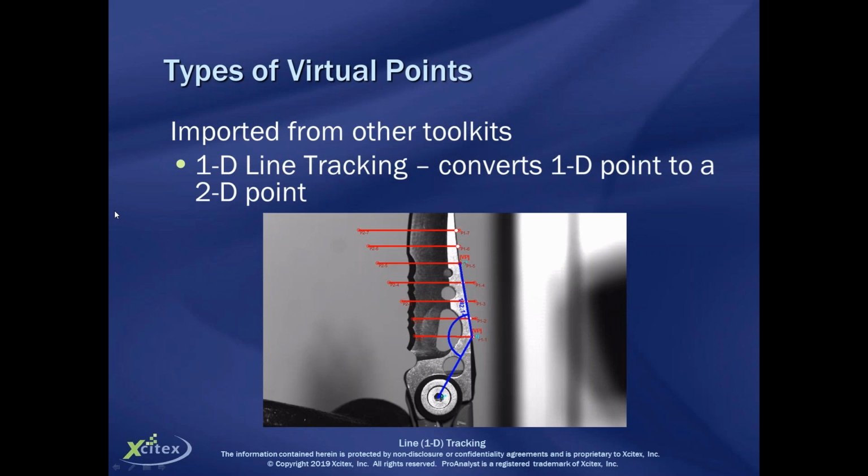So in this example, this is bringing a virtual point in from a 1D line tracking tool. So here we could see we have several 1D points that are tracked. What they do is they track this knife edge blade. Well, we can compare that to this point down here, which is not a virtual point.